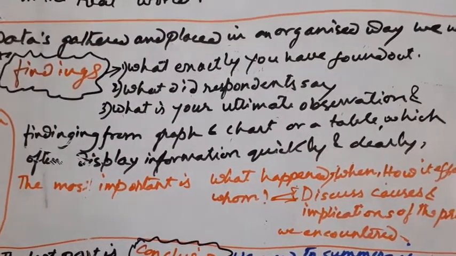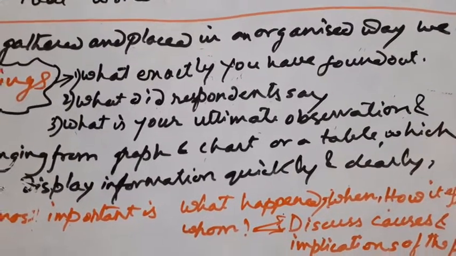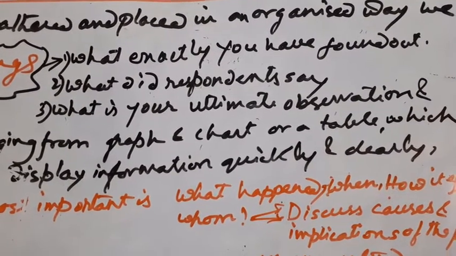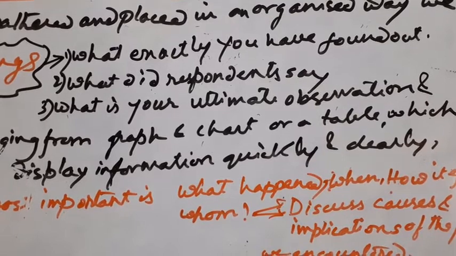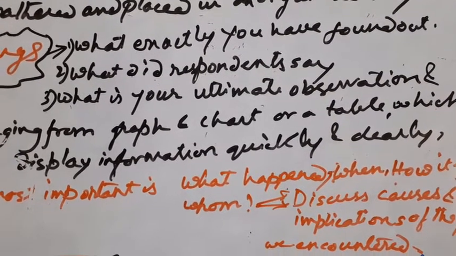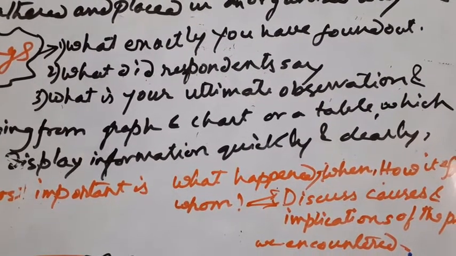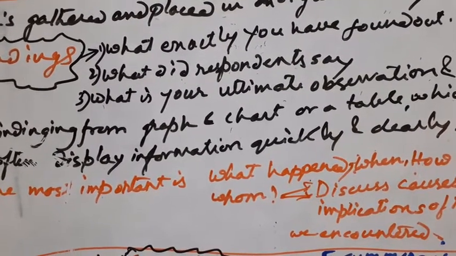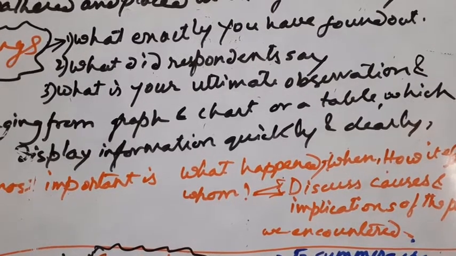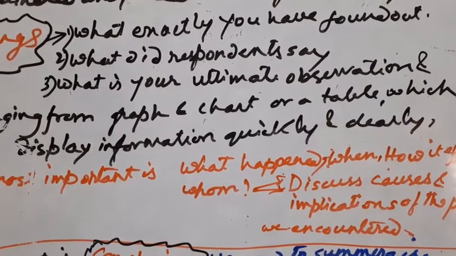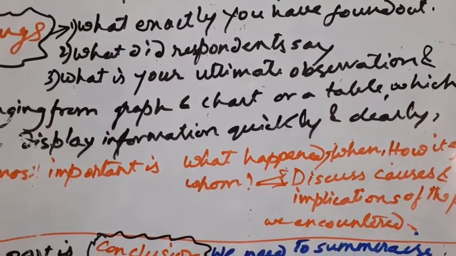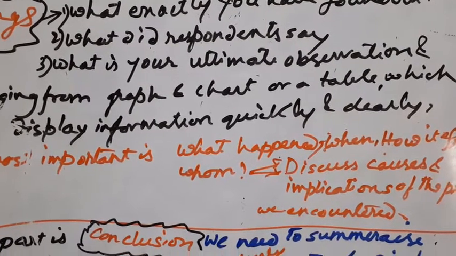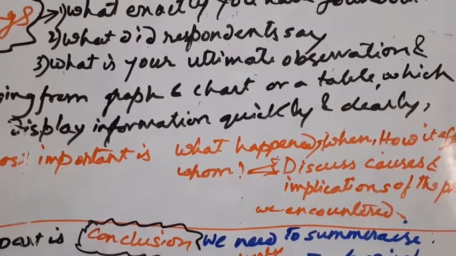Findings means what exactly you have found out, what respondents said, and what is your ultimate observation and findings from the graph, chart or table that you have included, prepared, or that is provided to you, which displays information quickly and clearly, right?